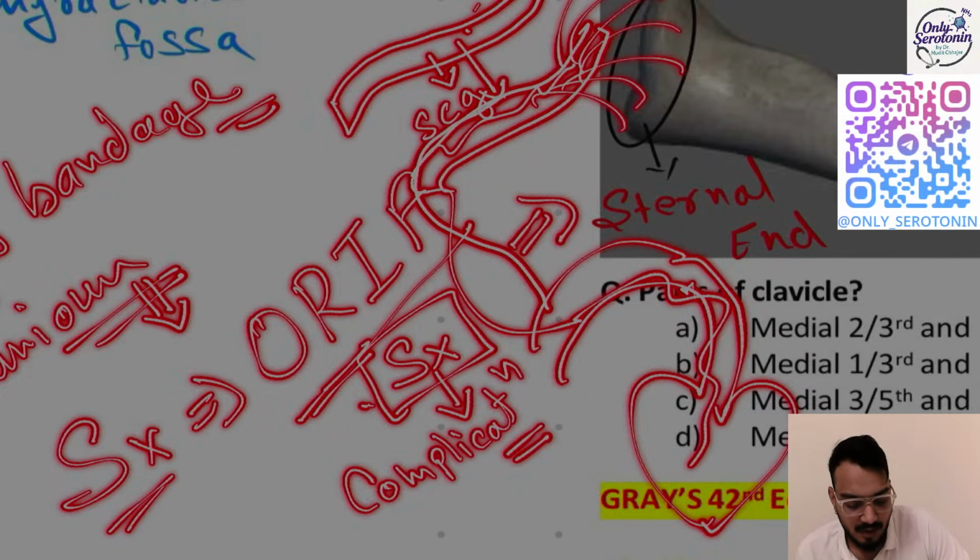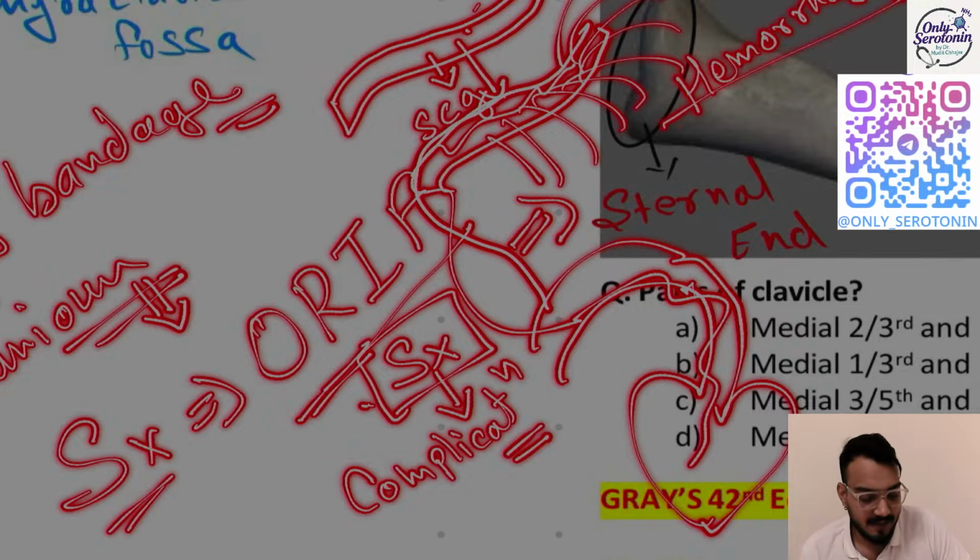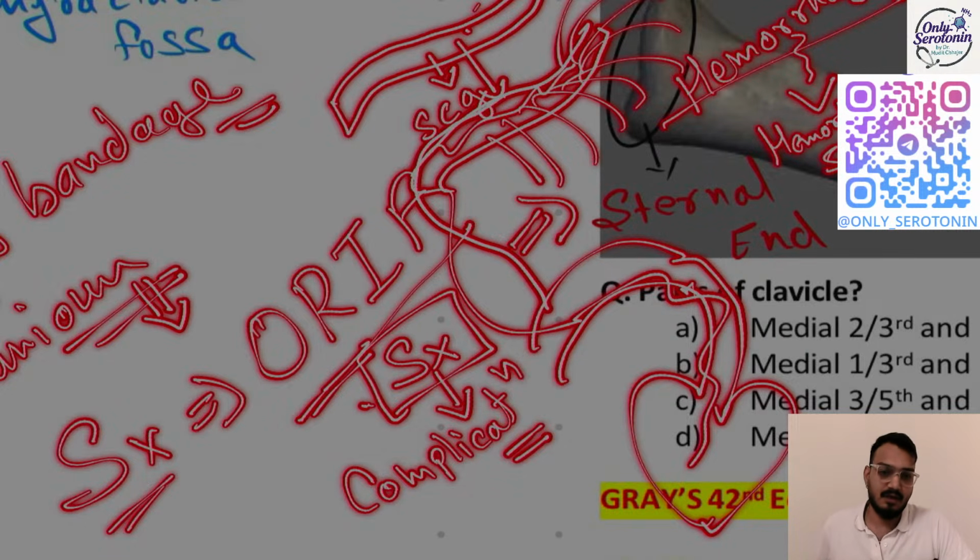The patient will lose so much blood. We call it hemorrhage. And if the patient is going into shock because of this hemorrhage, this is known as hemorrhagic shock. So at the time of operation, the patient can go into hemorrhagic shock.